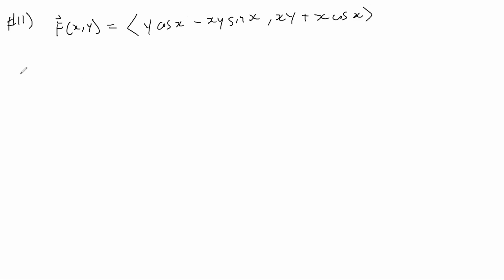Now C is going to be the triangle, so they also give us the bound C, where C is the triangle from 0, 0 to 0, 4 to 2, 0, and back to 0, 0, going in the clockwise direction for this.